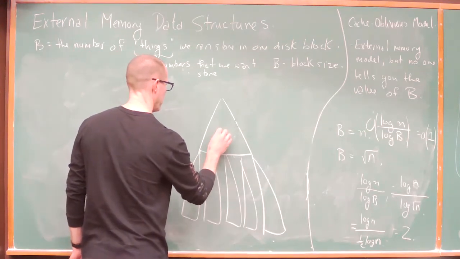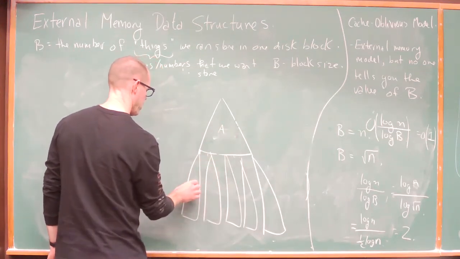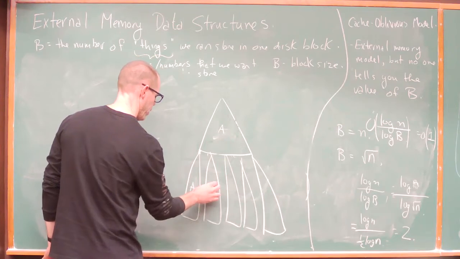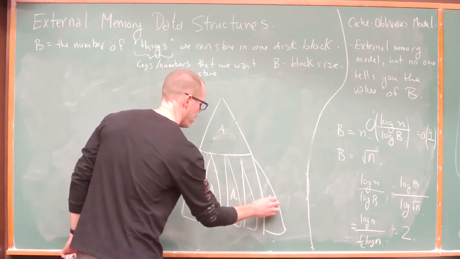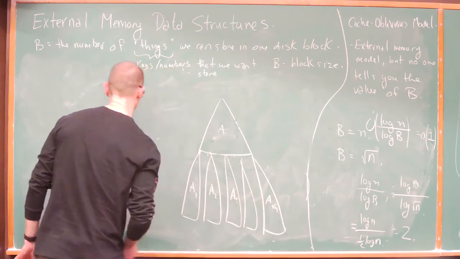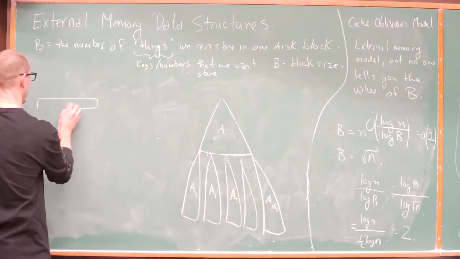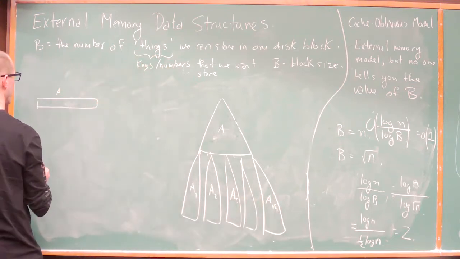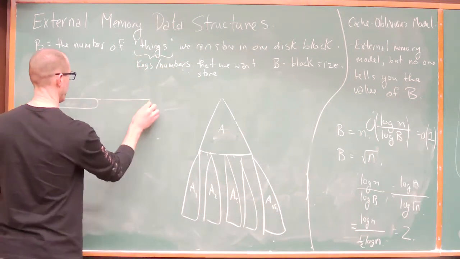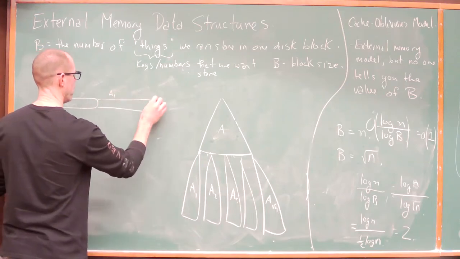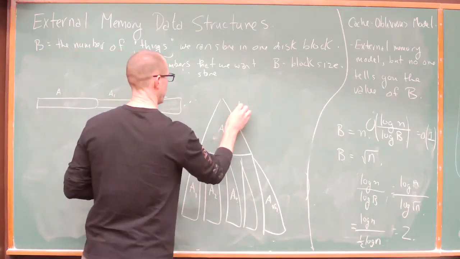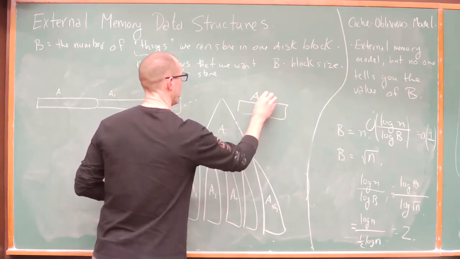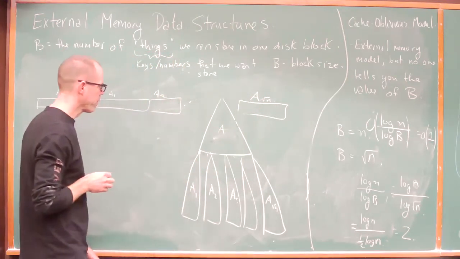Let's call this A, and let's call these A1, A2, A3, up to A square root n. The contents of A will go first, and then A1, A2, and so on, up to A square root n.